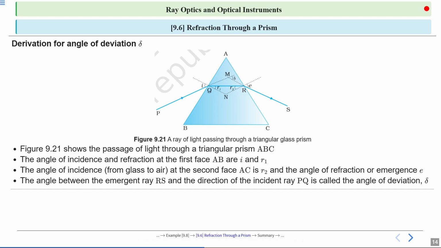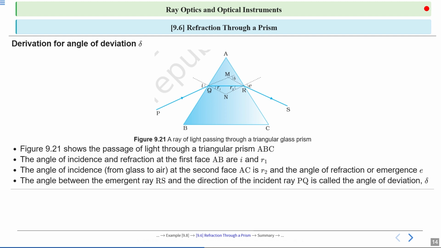The angle between the normal to the AB surface and the incident ray PQ is I. The angle between the normal to the AC surface and the emergent ray RS is the angle of emergence. And R1 is the angle of refraction at the first surface and R2 is the angle of incidence at the second surface, when light is going from the prism to another medium.